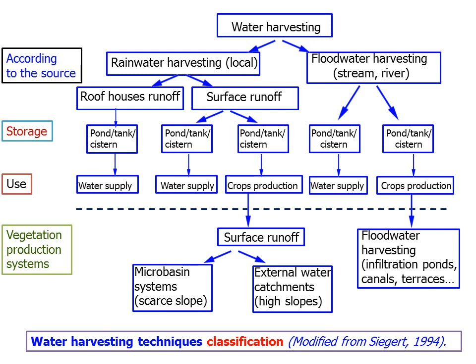According to the storage system, it is stored in ponds, tanks, cisterns, etc. According to the use, it can be done for water supply, for crop production, and for the combination of both. And according to the vegetation production systems, we can distinguish microbasin systems with a scarce slope and external water catchments for high slopes.